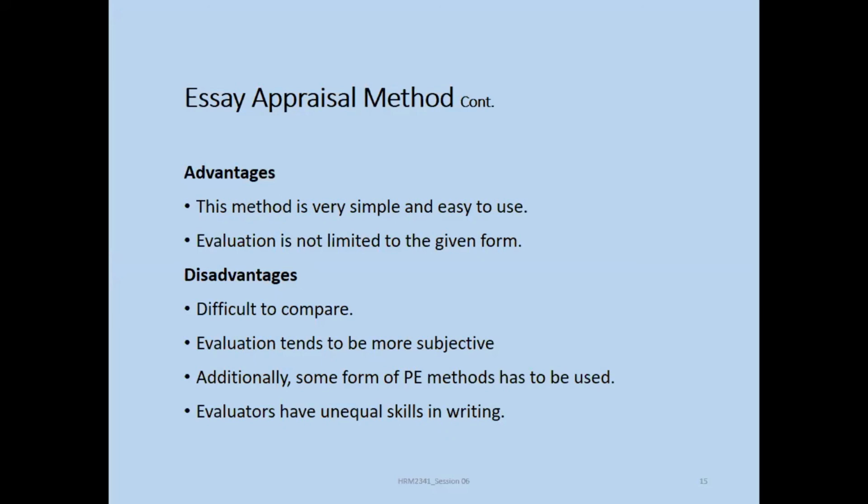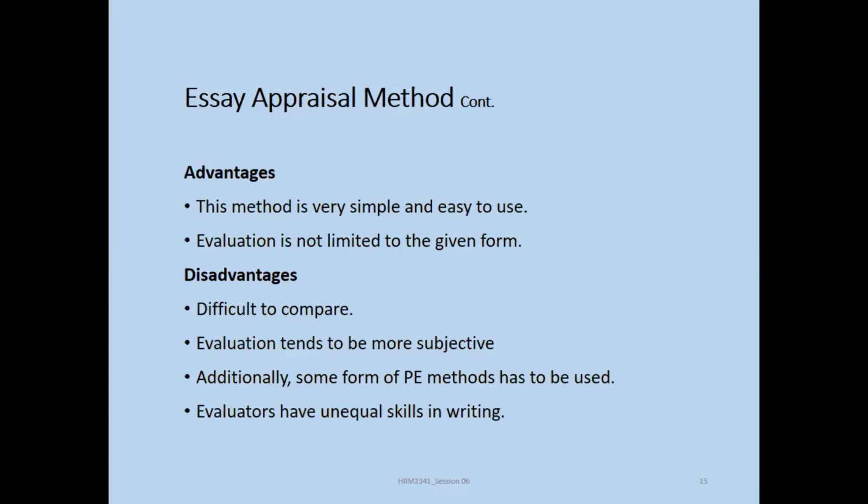But there are many disadvantages of this method. The first one is that it is difficult to compare. If we expect to compare our employees' performance, we should compare the several essays. But as the end result, after comparing essays, we cannot take any decision because the essays are very difficult to compare.